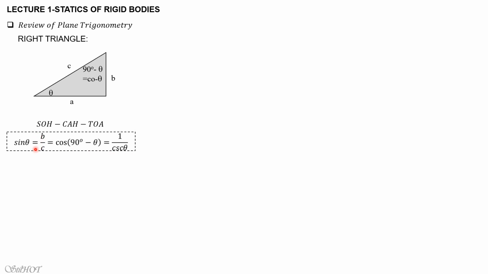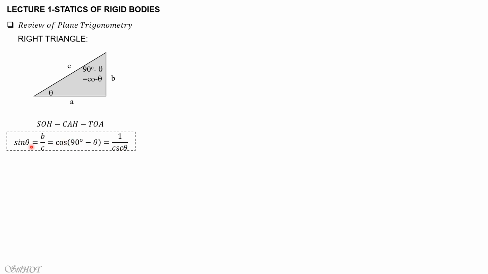And this sine theta here is also equal to B over C, opposite side B over C, and because this angle here is the complementary angle of theta, or co-theta, or 90 degrees minus theta, sine theta is also equal to cosine of 90 degrees minus theta, and the reciprocal is cosecant theta.